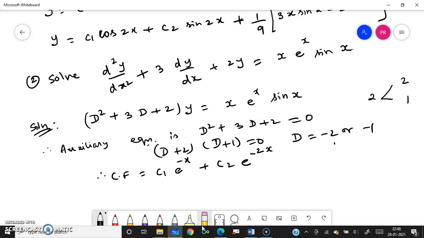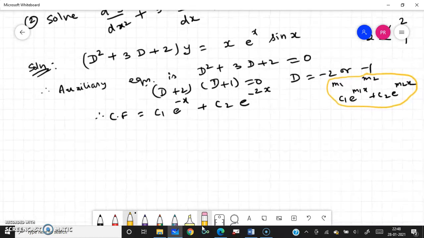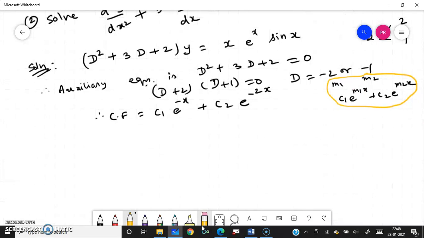If m1 and m2 are solutions, it will be c1 e power m1 x plus c2 e power m2 x. Here m1 is minus 2, m2 is minus 1. So we finished this.